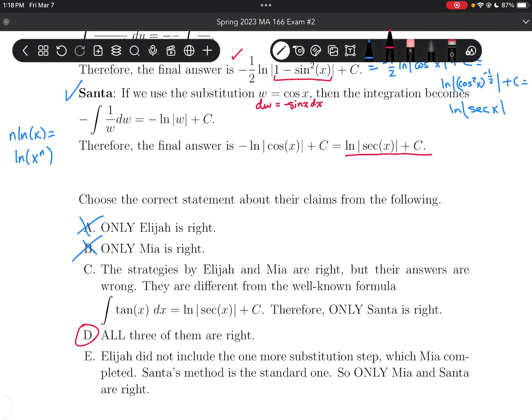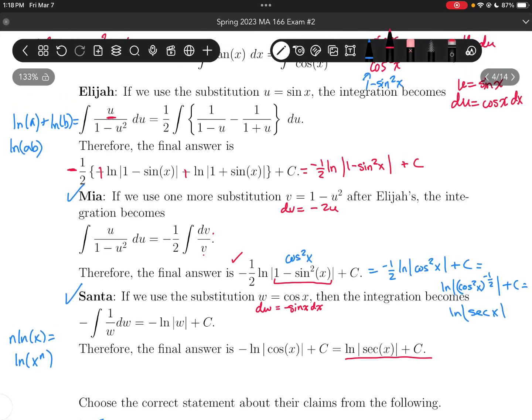The trick in this problem was to realize that all three of the answers that Elijah, Mia, and Santa got are equivalent due to trigonometric identities and natural log rules.